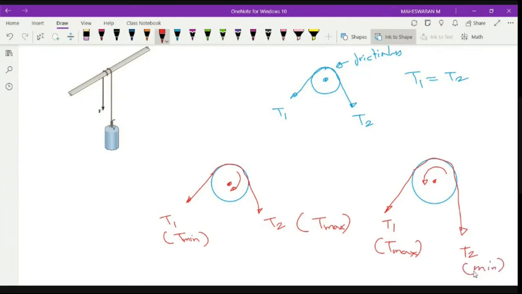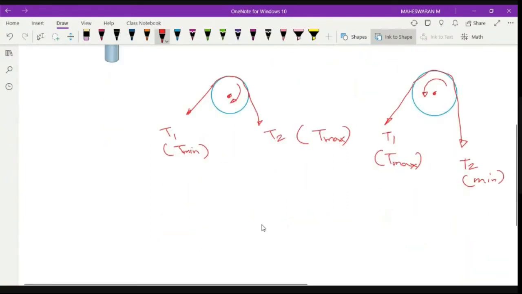There may be confusion: in some books the formula is T1 by T2, in some it is T2 by T1. Actually, the formula is related to the maximum tension and the minimum tension. So T max by T min.